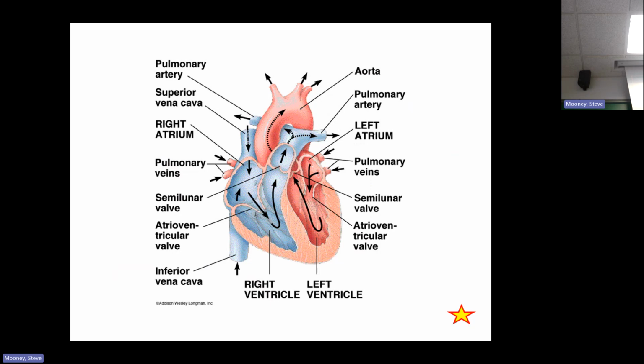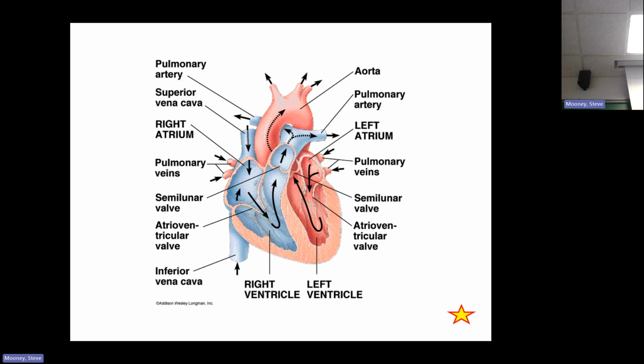We're going to go through the semilunar valves and be pumped out to the right and left lung. So you've got the common pulmonary trunk that's going to split into a right and left pulmonary artery. That's going to go to a capillary bed. We're going to return oxygenated blood through the pulmonary veins on either side here. They're going to come in.